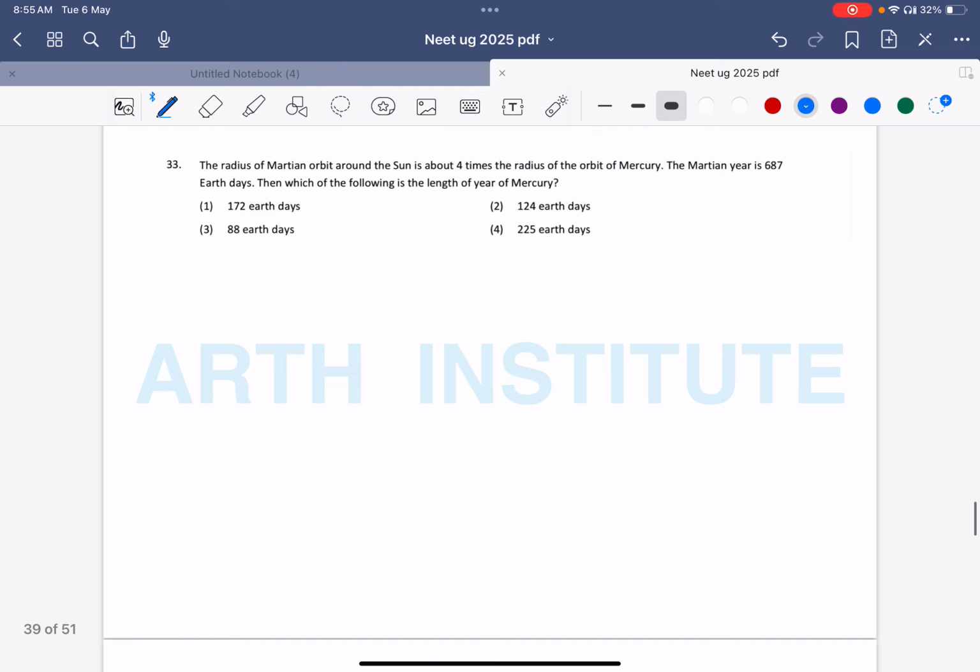Now, the radius of Martian orbit around Sun is about 4 times radius of orbit of Mercury. Mars is 4 times radius of Mercury. If I put it as capital R and it's a small r, right?